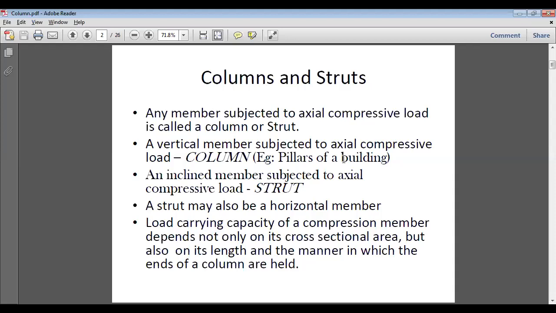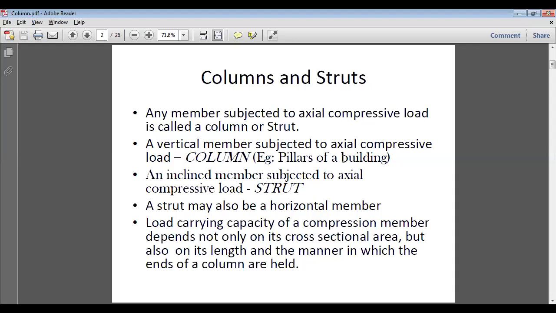That means the load is applied in the direction of their axis, and again they are subjected to compressive loads, and these two are properties of the column. If any member of the structure is vertical, with load acting along its axis, and at the same time it is compressive, the element will be known as column or strut.